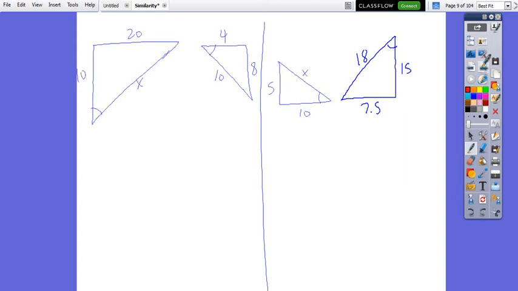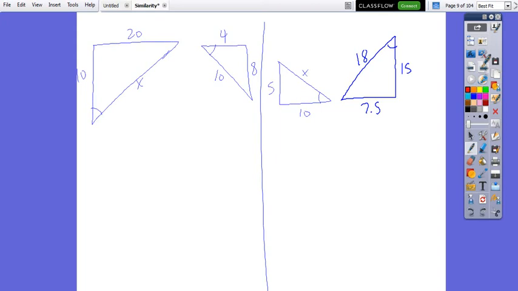Alright? So, we want to know what x is right here. So it's obvious which side goes with x. Which side goes with x? 10. Alright? Now, you say, I don't see it. Well, since you really can't cut out the paper and rotate it, you've got to do some visual rotations here to get these to look similar to one another.